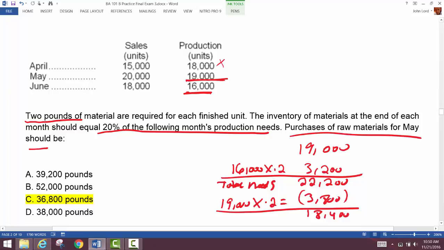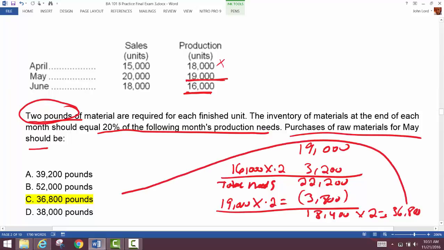How many pounds do I need per? 2. So I take that 18,400 times 2, and that should give me now this 36,800 pounds. Now this was a generous problem in that what?